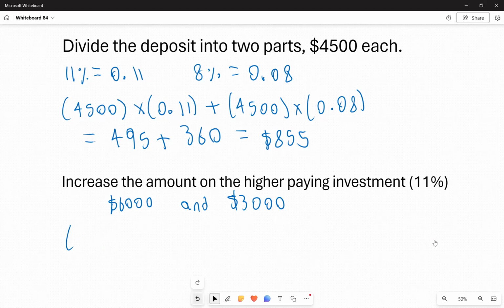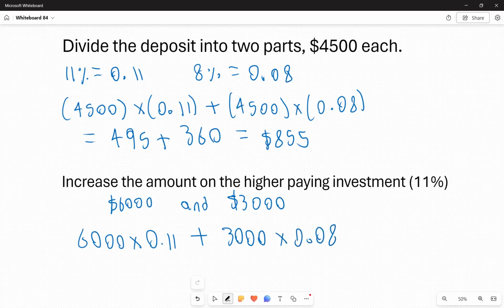So that's 6,000 at 11% plus 3,000 at 8%. So one of the problem-solving strategies is the order principle, that is order of operations.